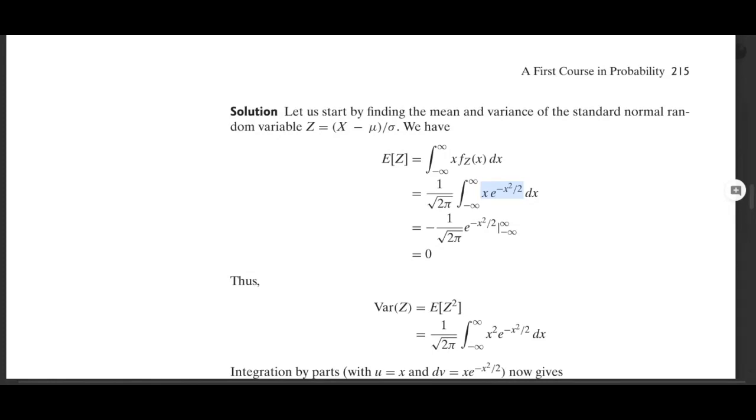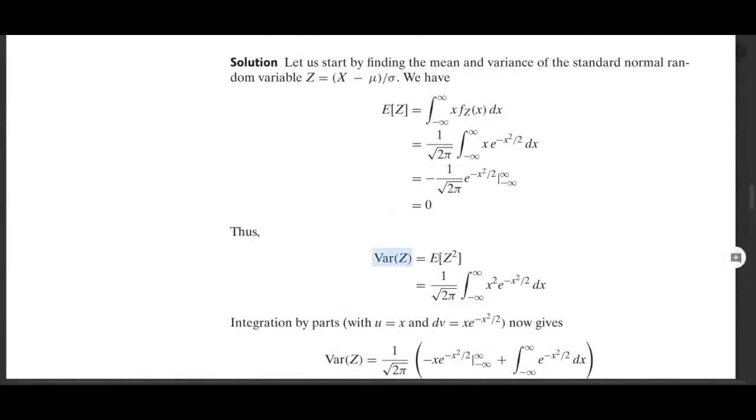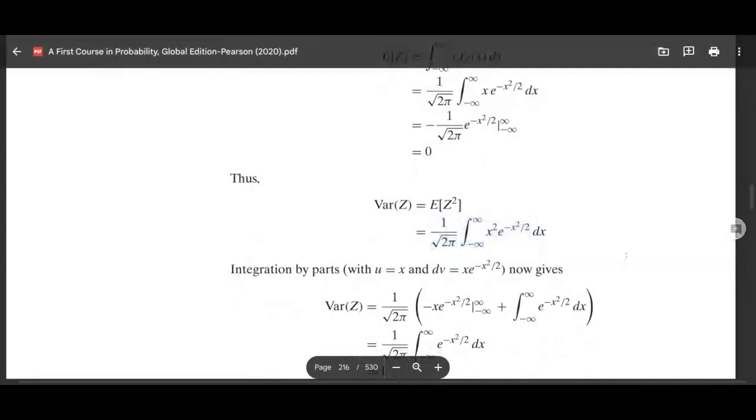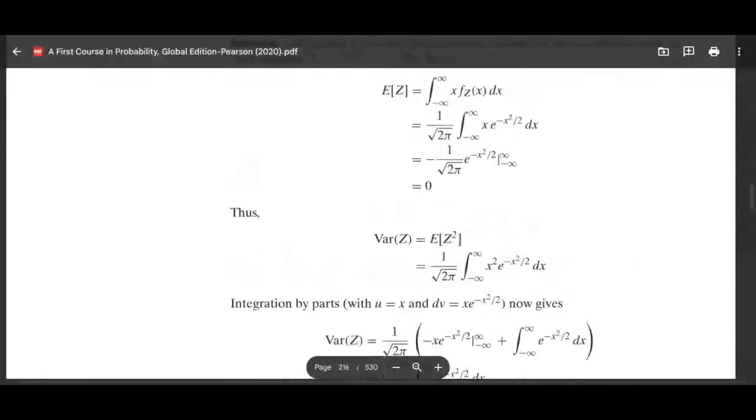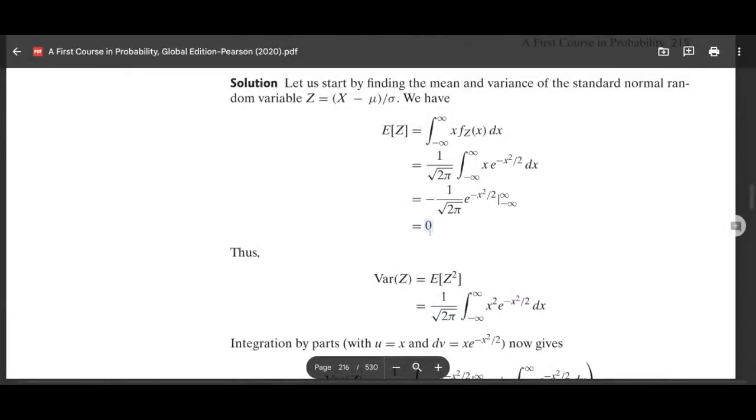So then evaluate this, we get negative 1 over square root of 2 pi, e to the power negative x squared over 2. Because of the e to the negative, the e term appears in the denominator. When x goes to negative infinity or infinity, 1 over the e term goes to 0. Hence, the variance is E of Z squared, is this guy, minus this, well, this is 0.